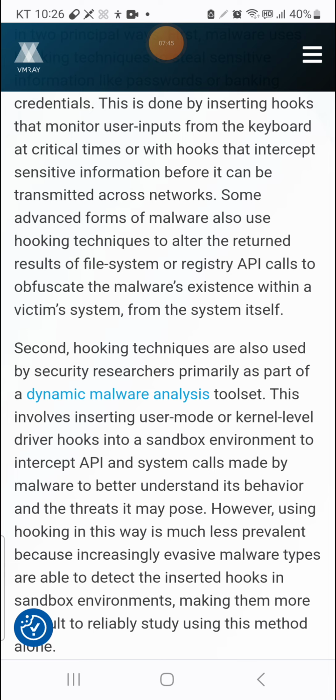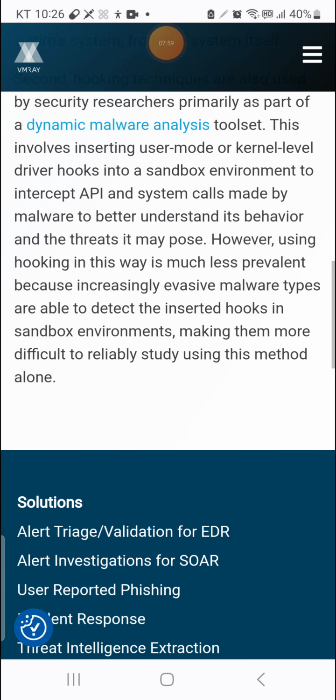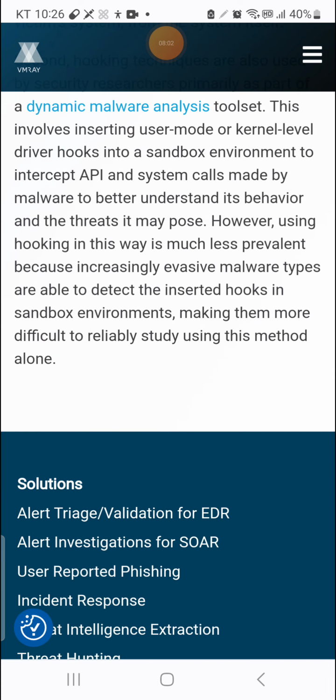However, using hooking in this way is much less prevalent because increasingly evasive malware types are able to detect the inserted hooks in sandbox environments, making them more difficult to reliably study using this method alone.